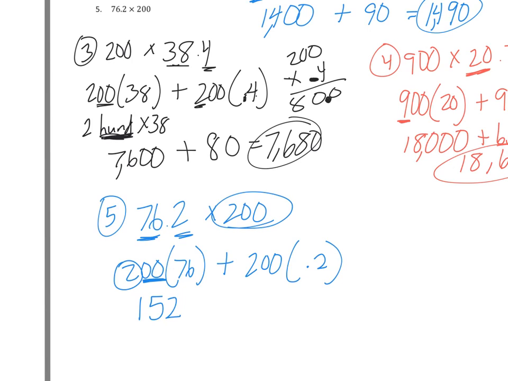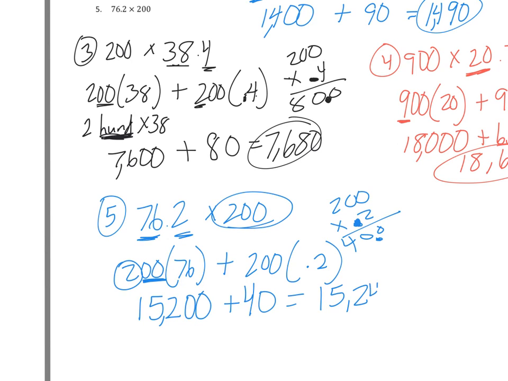That's 152 hundreds. Hundreds means 2 zeros. So 15,200. And then I got my 200 times 2/10. I get 400 for that, but I have one place value here that I have to shift the numbers to get 40. Now when I add those, 15,240.